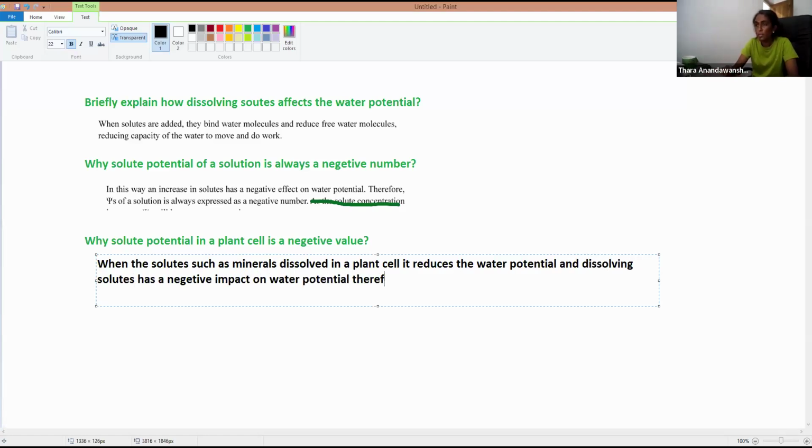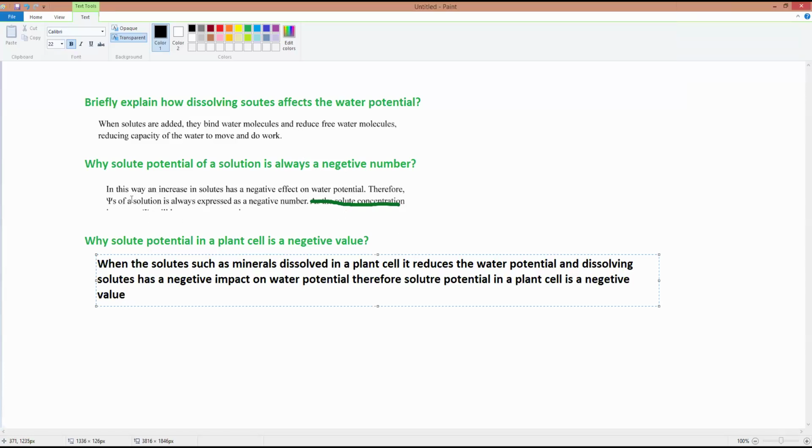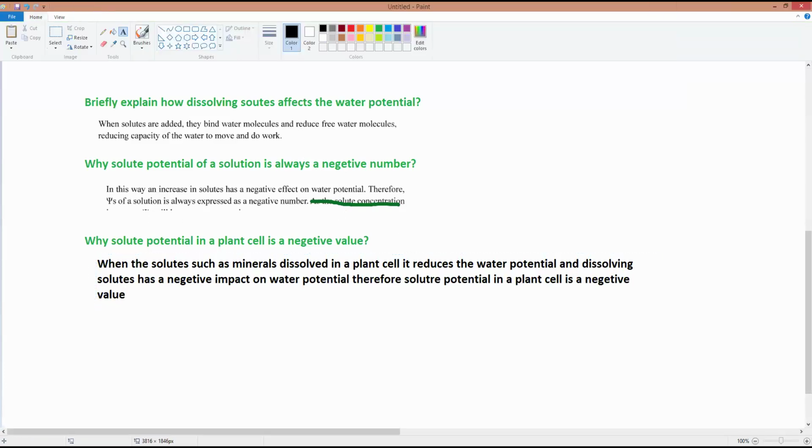Therefore, you can say that solute potential in a plant cell is a negative value. Understood? Okay, teacher. Right. Now, so far, okay.